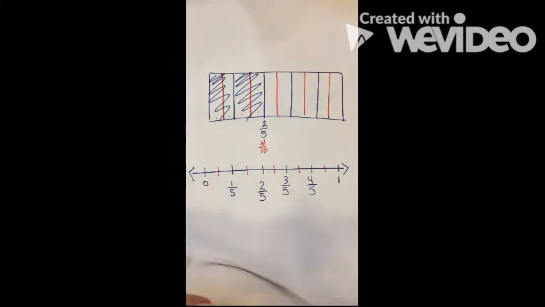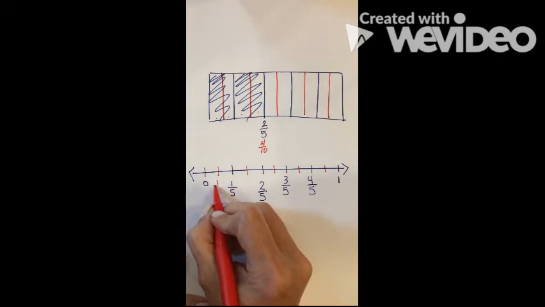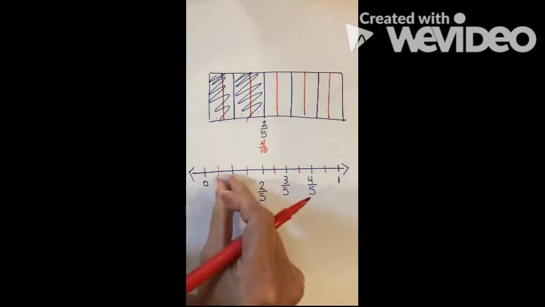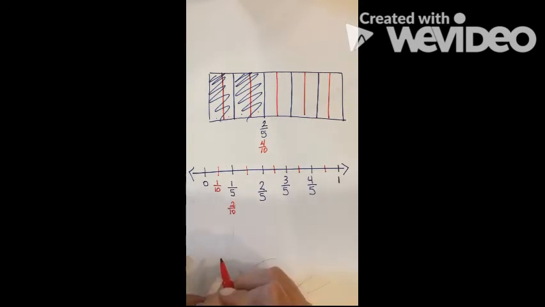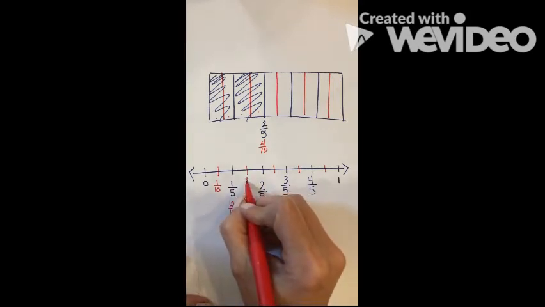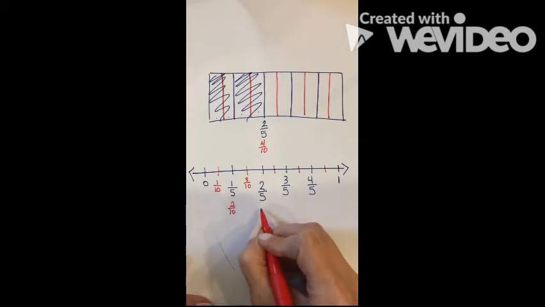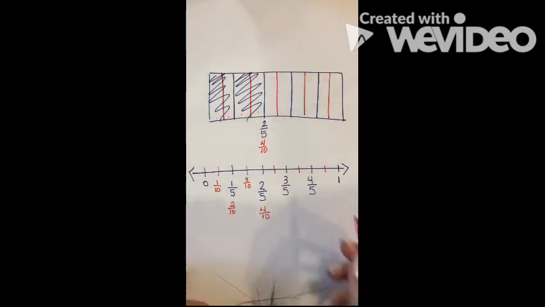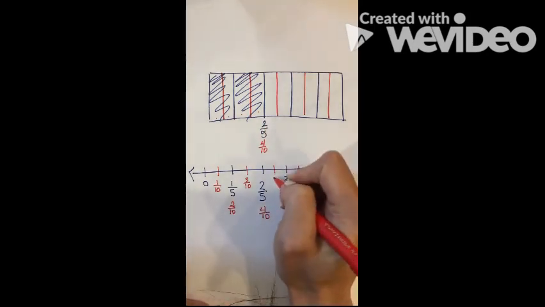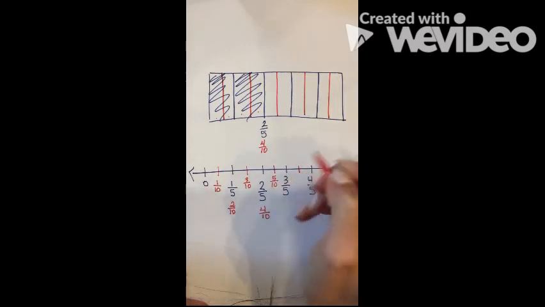So this section would now be 1/10. This section would be 2/10 or 1/5. This would be 3/10. This would be 4/10 or 2/5, just like we modeled up here in our tape diagram. This would be 5/10.